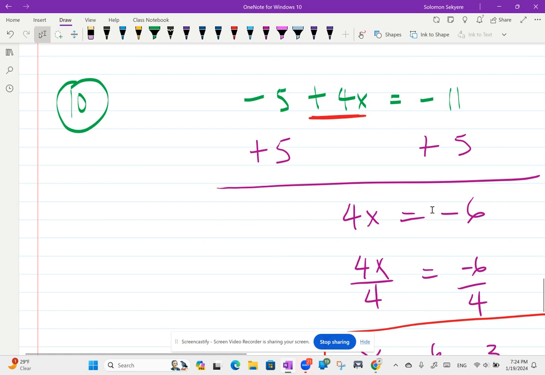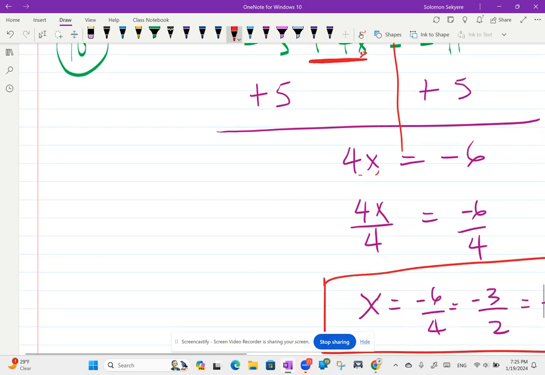What about this one? I'm going to underline this. The whole thing is we are trying to get my variable by itself. It's got a negative, so I add to both sides. When I add it, what's left on the left side? Positive 4x. So positive 4x is equal to negative 11 plus 5, which is negative 6.